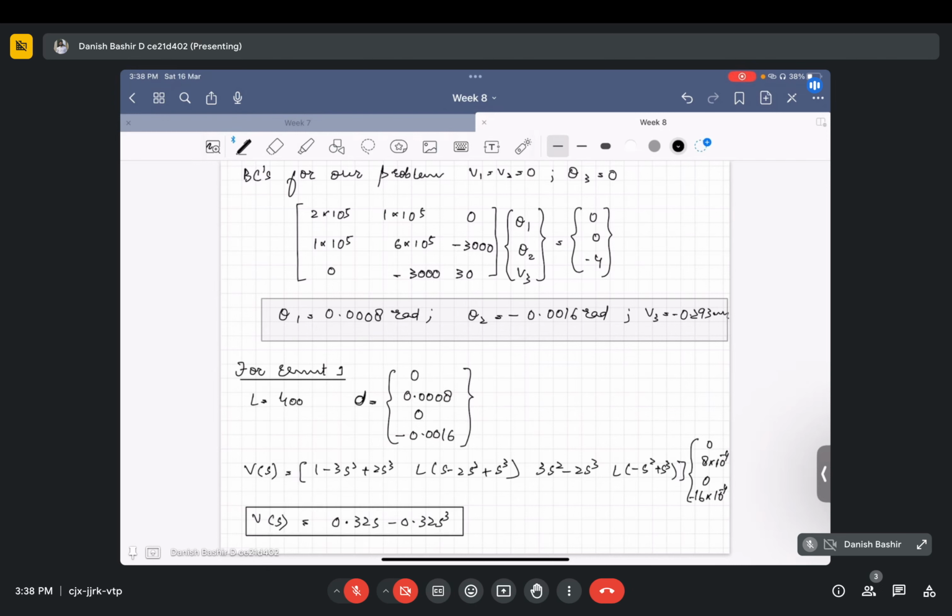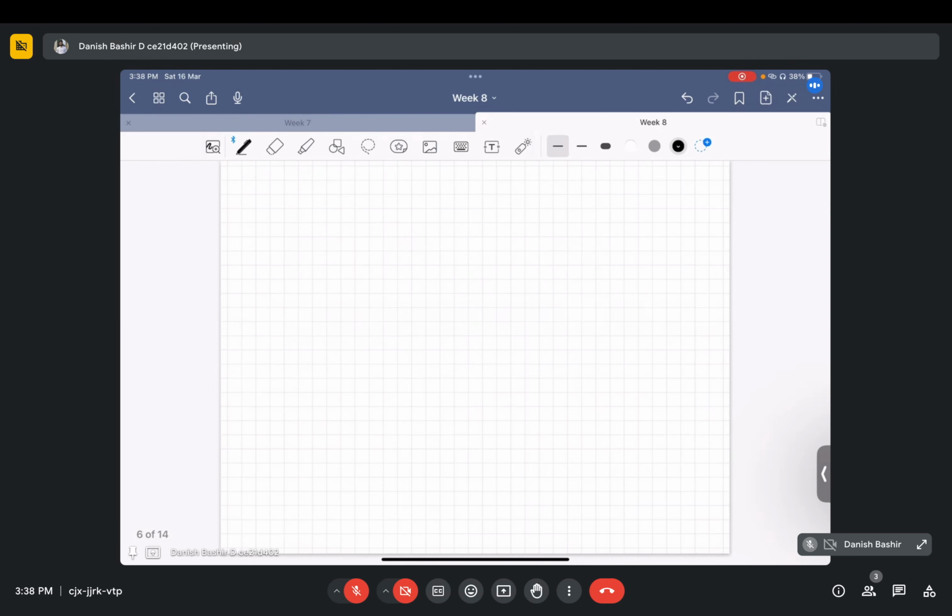This is for vertical displacement within element 1. And similarly for the moment, we have the equation for bending moment.